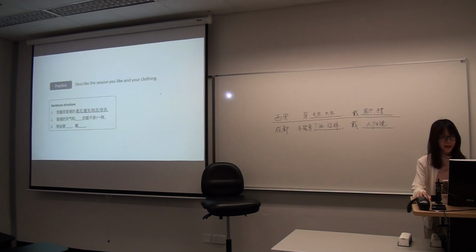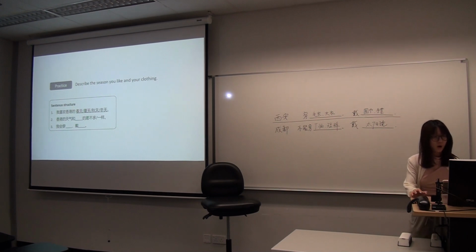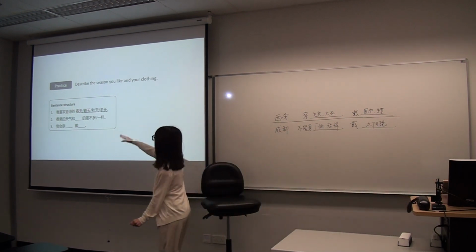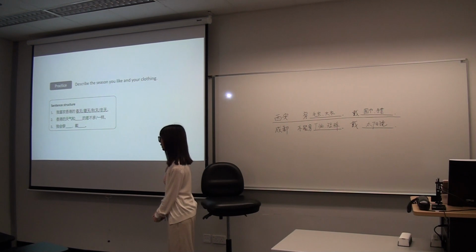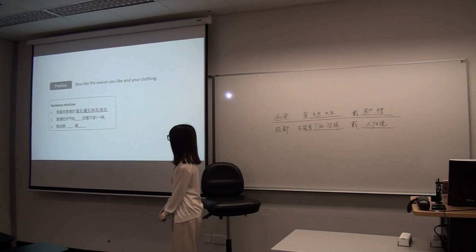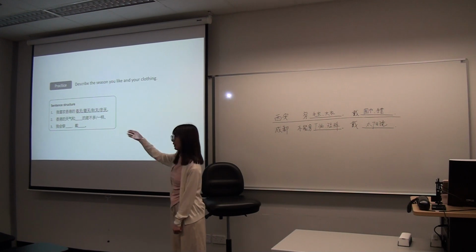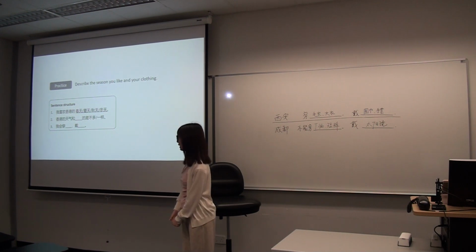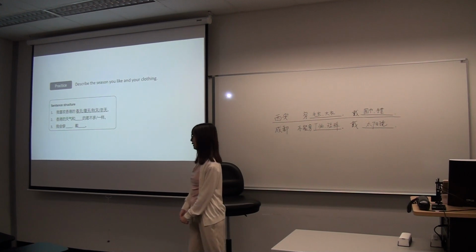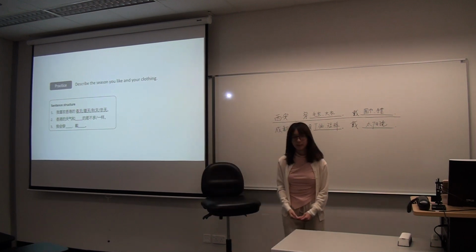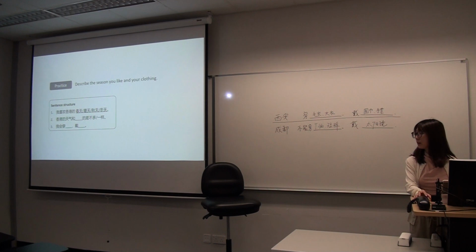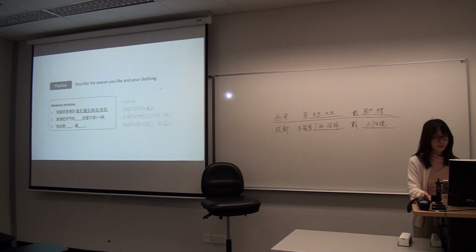And this is the last practice of today's class. I want someone to read out this sentence structure. Maybe 双瑞 can read this for us. 我喜欢香港的春天、夏天、秋天和冬天。And next, 香港的天气和澳门的差不多。我会穿T恤，戴眼镜。So using this sentence structure, I have written down an example.